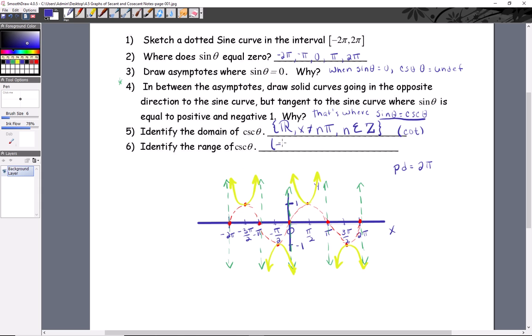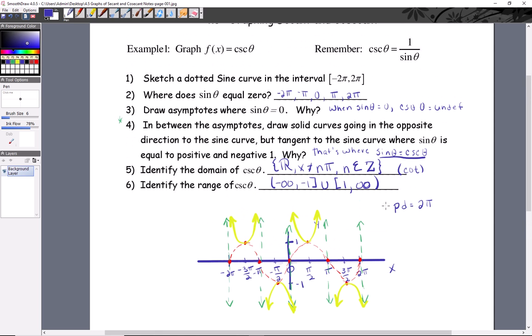So this will be negative infinity up to negative 1, and we include the negative 1, right? And then that'll be connected with 1 to infinity, and we will include the 1. Okay? So there it is. Pretty easy stuff. If you can graph a sine curve, you can graph a cosecant curve.